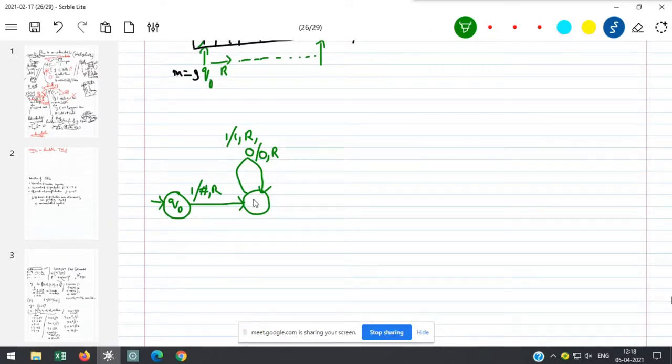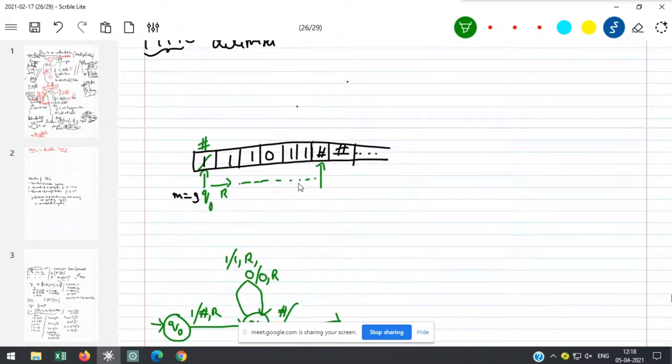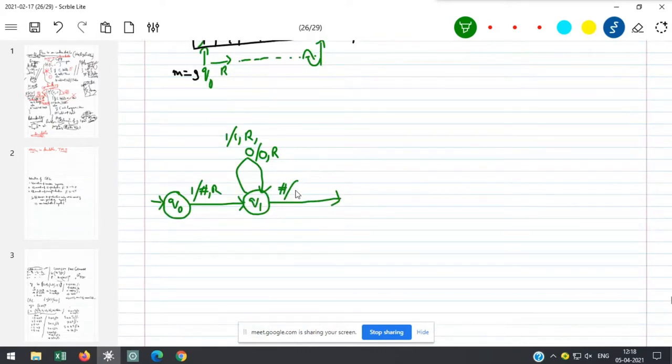After finding this hash, I'm not going to modify it, but simply move towards the left side immediately.